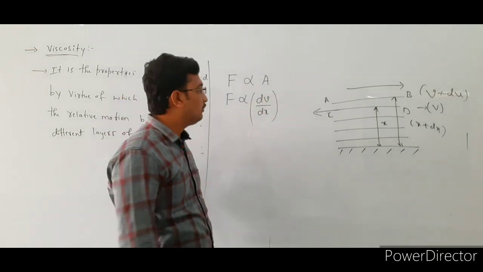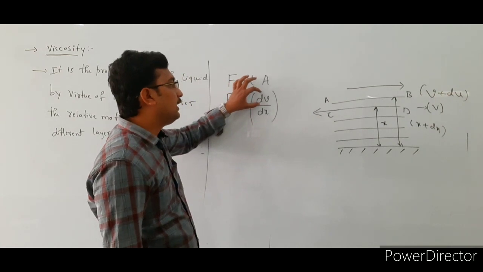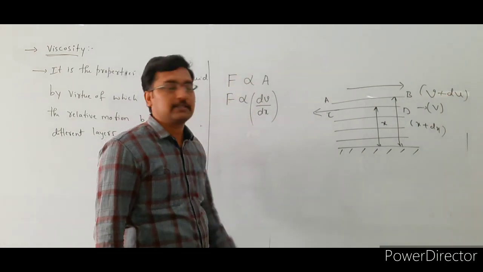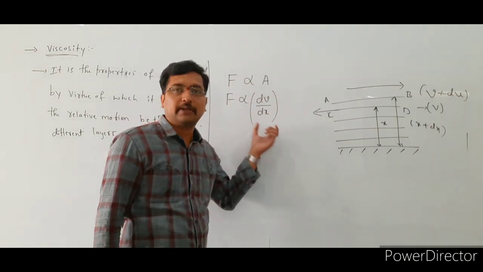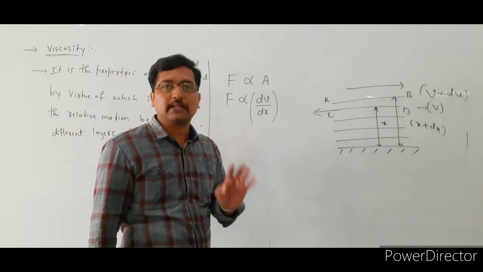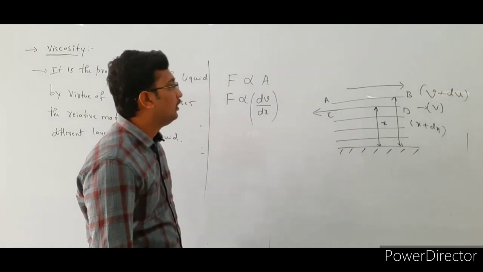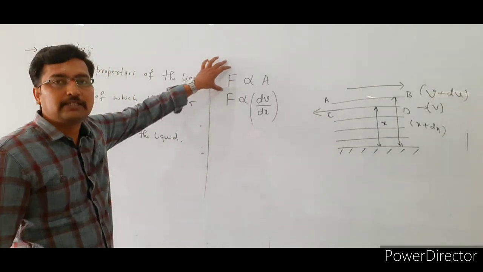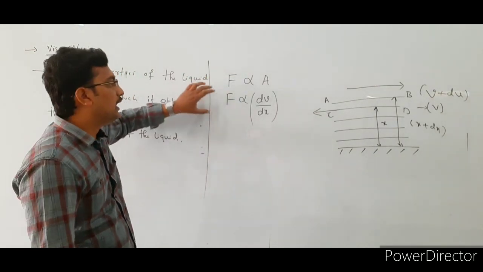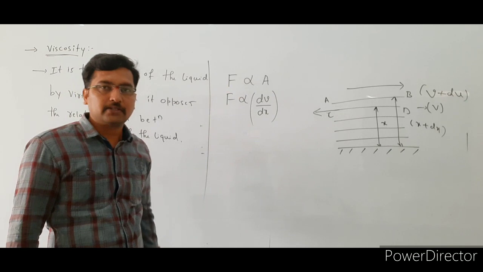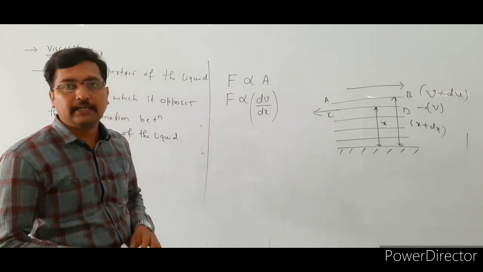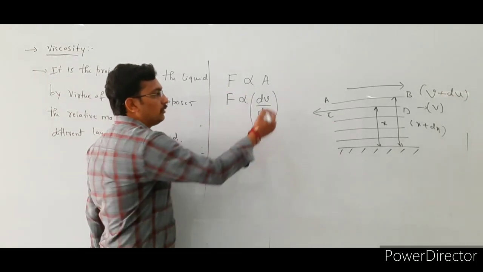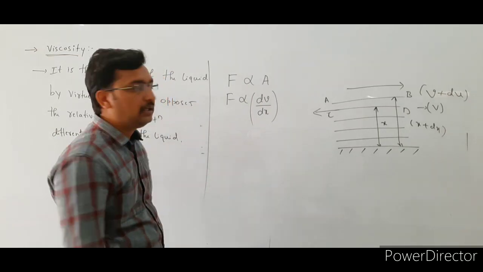Velocity gradient means the rate of change of velocity with respect to distance. So the viscous force depends on the area of cross section and on the velocity gradient.